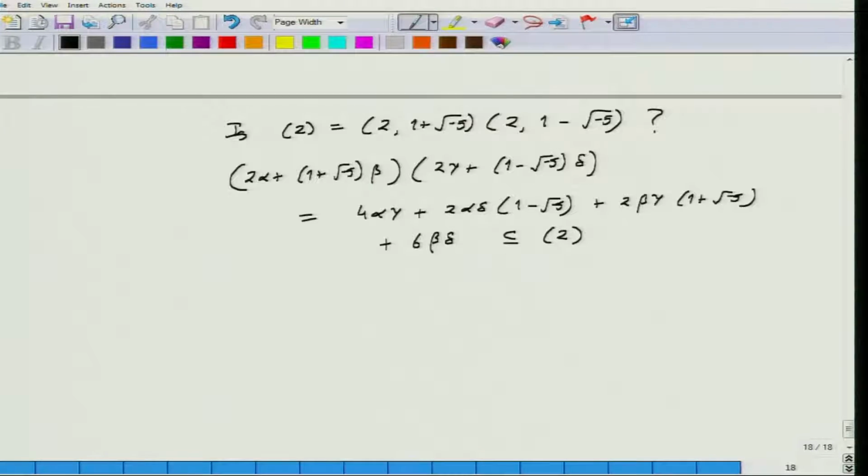How about the other way? Like I said last time, it's enough to show that 2 belongs to this product. Does 2 belong to this product? Just multiply 1 plus square root of minus 5 by its conjugate.